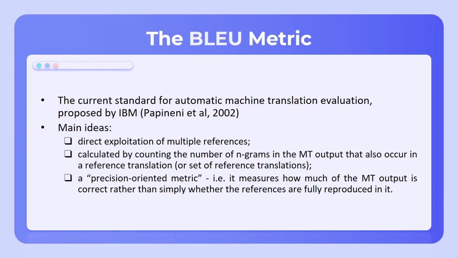It uses a precision-oriented metric, which measures how much of the MT output is correct, rather than simply telling whether the references are fully reproduced in it. So accuracy is more emphasized in this measurement.